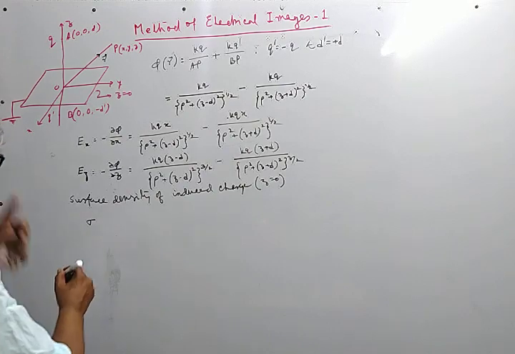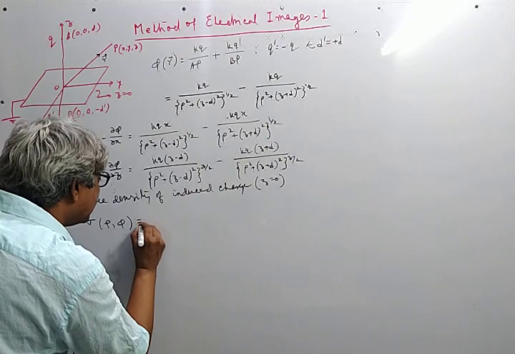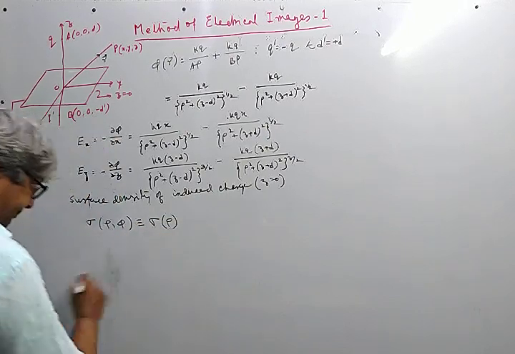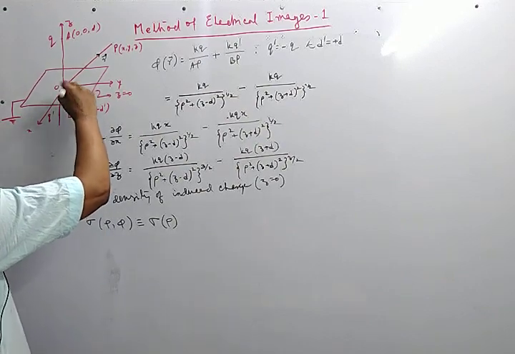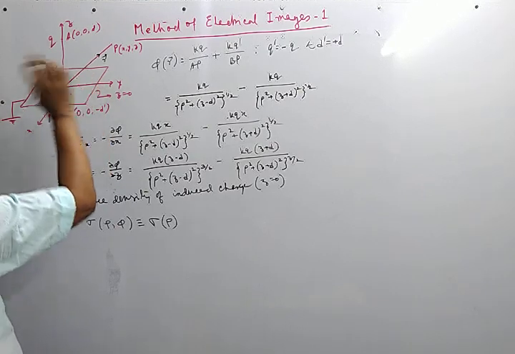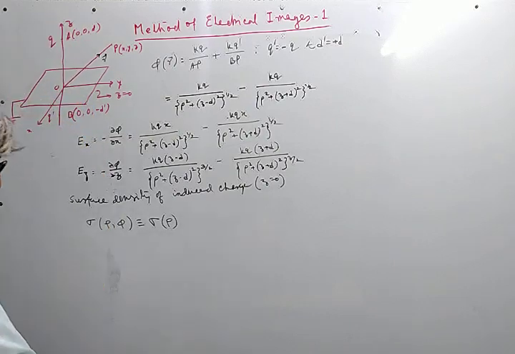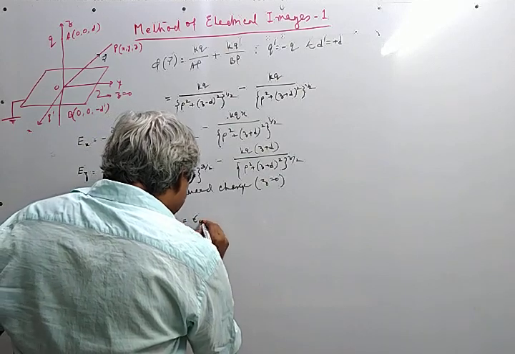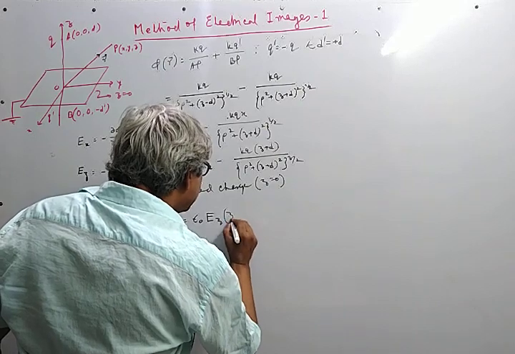So sigma in general would be a function of rho and phi, which now reduces to a function of rho only, because a point at distance rho here and rho there are the same, because of the symmetry of the problem about the z axis. And this is epsilon 0 Ez at z equal to 0.